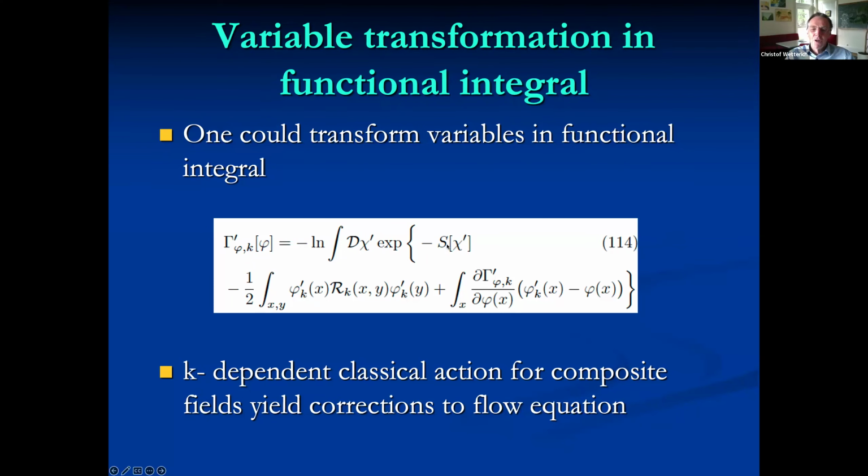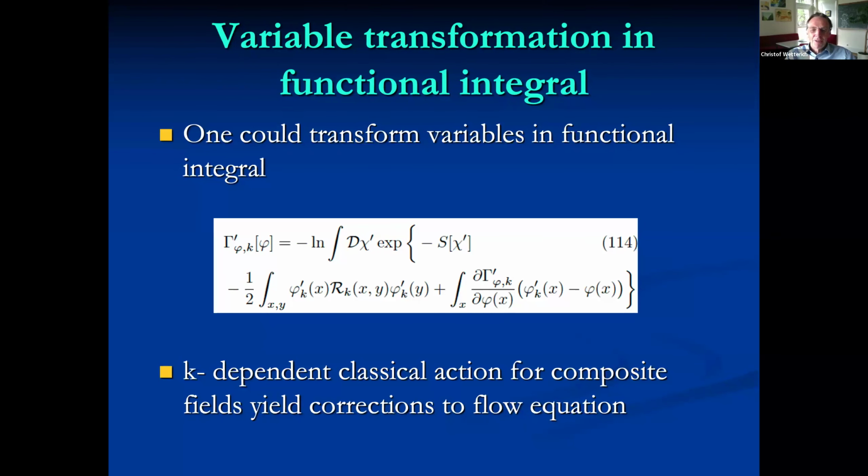So the only difference is, once you have it in terms of composite fields, that you do not have your original classical action, but you have your classical action with the additional term from the Jacobian. And if you look at the k-dependence of it, if you just neglect the fact that the Jacobian depends now on k, you would get exactly the standard flow equation.